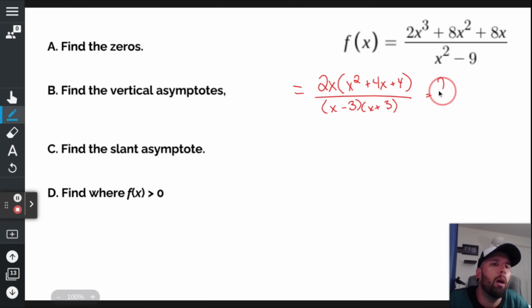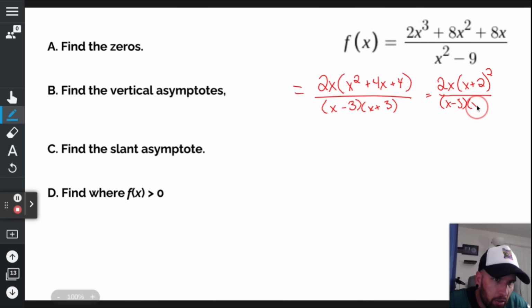So now you become 2x times x plus 2 times x plus 2, which is x plus 2 squared. Multiplicity. This becomes x minus 3, x plus 3. So nothing fancy happens. No holes, so I don't have to worry about that like I saw in a previous problem.